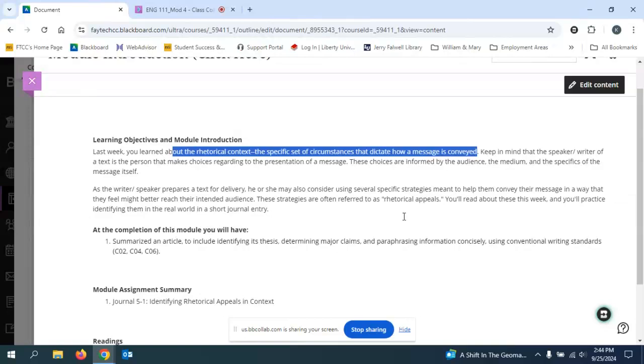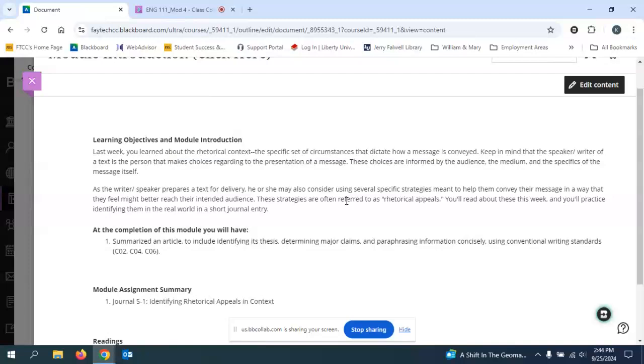Now, in order to persuade someone of something or in order to communicate a message, the speaker or the writer will often use something called rhetorical appeals. These are specific strategies to try and convince someone of something or to make their message have greater effect for their target audience.